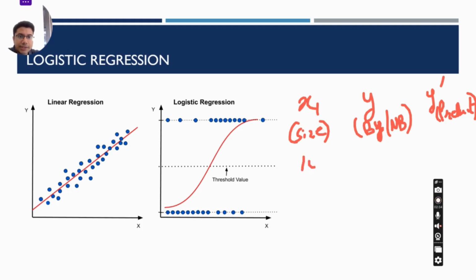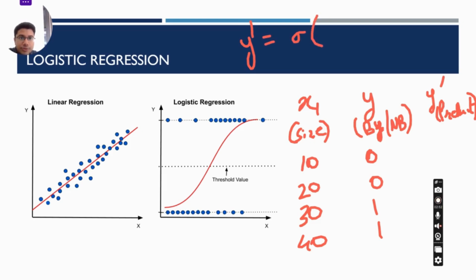Let us say the size is given like this, 10, 20, 30 and 40, and the decision is like this. Then we have to calculate the prediction as the sigmoid function applied to m1 x1 plus c.